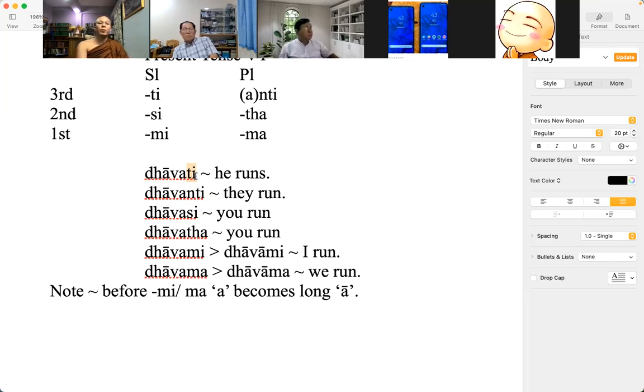But if we want to express the subject especially, for example, a dog runs, then a dog is sunaka. So sunako dawati, like that. But if we don't want to emphasize the subject, then we can use the above form.